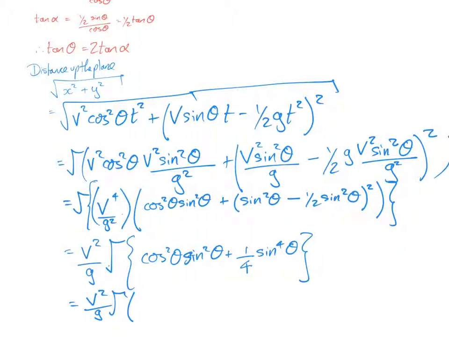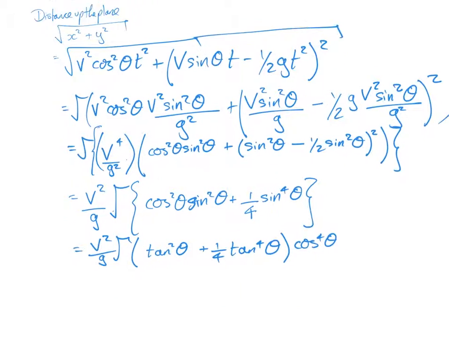So that means I'm going to get tan squared theta plus a quarter tan to the 4 theta. So I've divided that, so I've got to times it by cos to the 4 theta. So there's a cunning little bit of algebra just to get the tans in the right place.